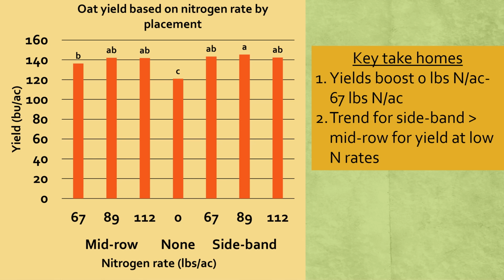And so what that might be telling us is that if we are putting on that lower rate of nitrogen on our oats, it might be beneficial to place that a little bit closer to the seedling in that sideband. But we don't have, again, those significant differences to say that for sure.